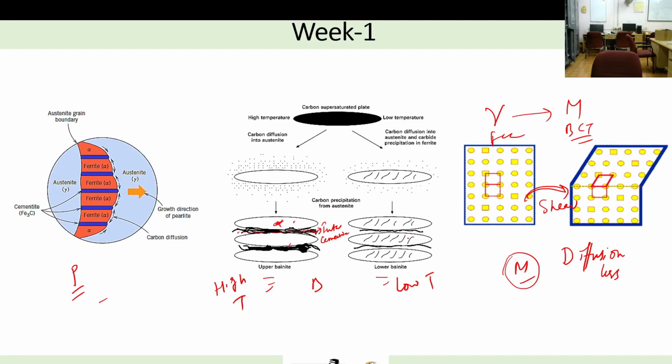But in lower bainite, since we are cooling it very fast compared to this one, the carbon in the matrix will not get enough time to form interlath cementite. So instead of forming interlath cementite, we will be forming intralath cementite. So inside the ferrite matrix itself, the cementite will be forming.